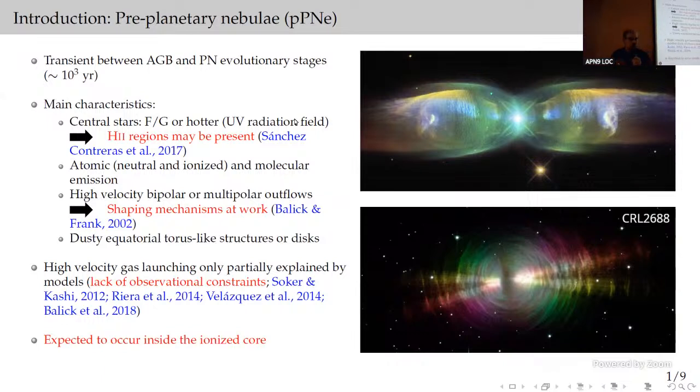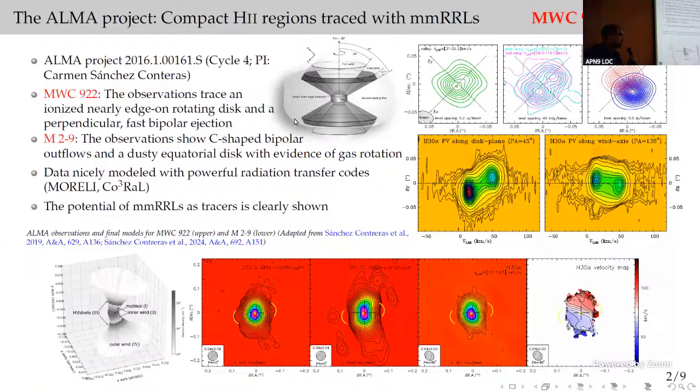This should happen very close to the stellar system, and when the stars are hot, this mechanism could be working inside the H II region. This is a problem because we don't always have a chance to observe this kind of object.